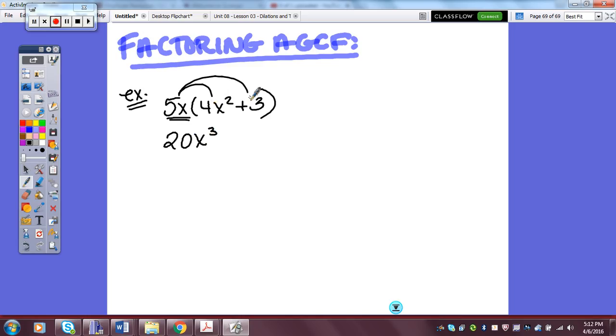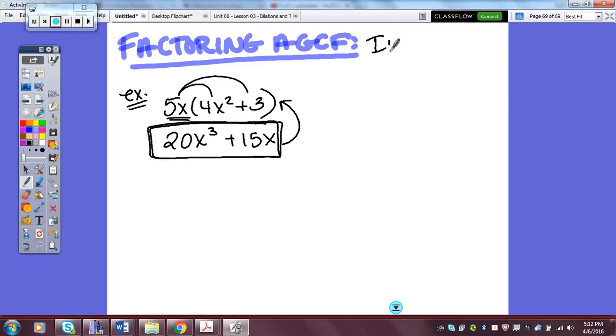If I distribute 5x to 3, what do I get? I get 15x. So my goal today is that when I give you this answer as your problem, how do I work in the opposite direction? That's factoring a GCF. It's the inverse of distributing.